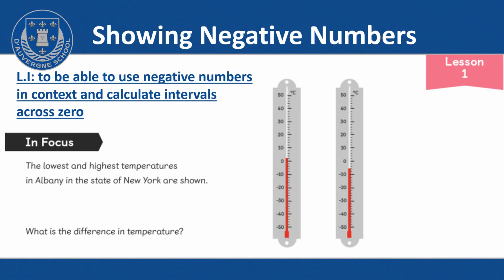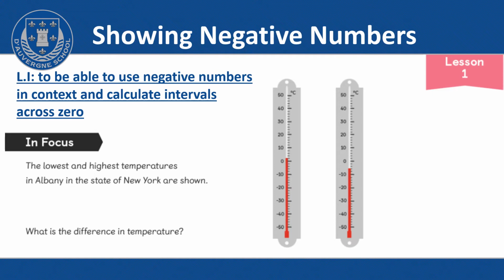Okay, now if we look to the thermometer on the right hand side, we can see that this reading is going to be a negative reading because it's below the 0, it's less than 0. So if we start at the 0 and we count down using our little intervals, we can see we've got minus 2, minus 4, minus 6. Okay, so now we need to work out the difference between minus 6 and 2.